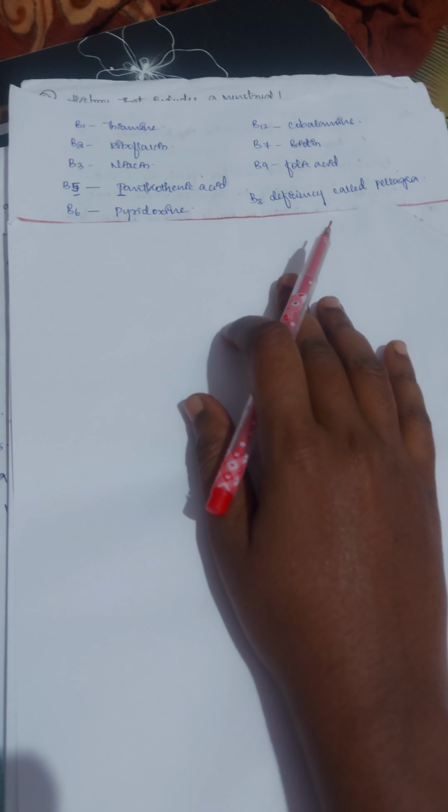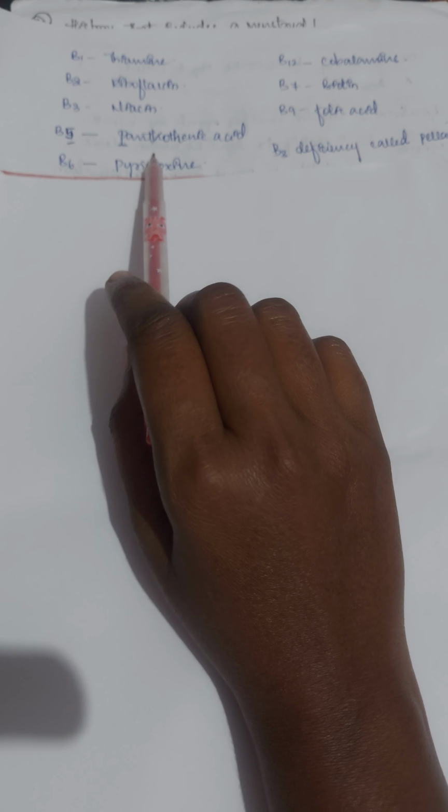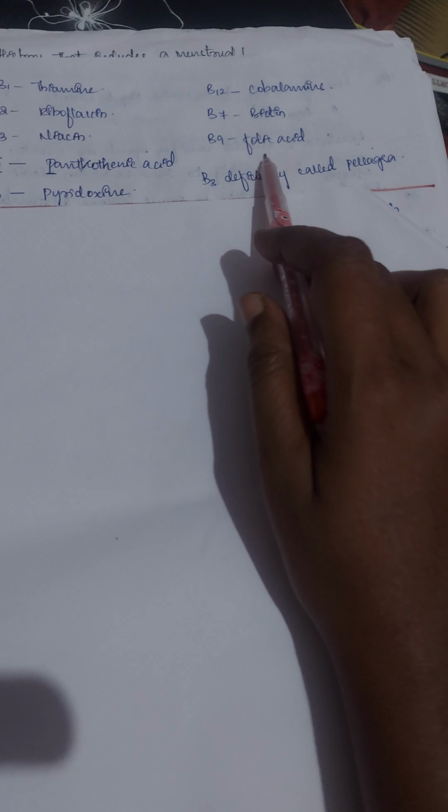Here you can see the B complex vitamins B1, B2, B3, B5, B6, B12, B7, B9 and their deficiencies. B1 is also called thiamine, then riboflavin, niacin, pantothenic acid, pyridoxine, cobalamin, biotin, folic acid. Pellagra is caused by B3 deficiency, right?